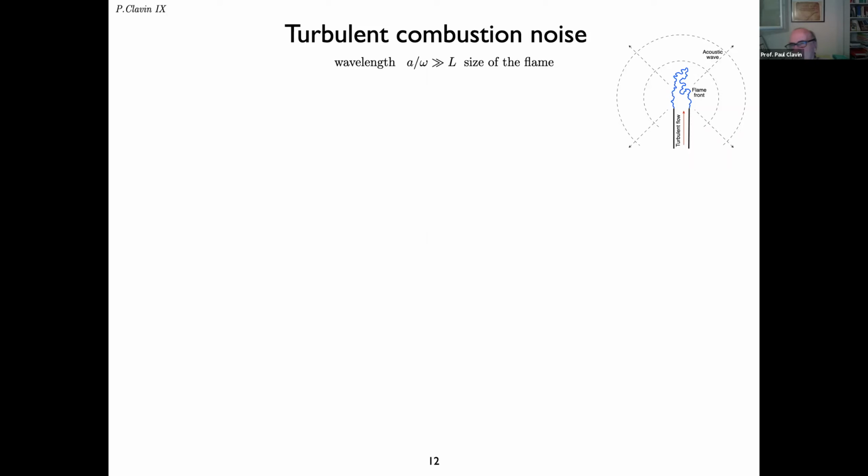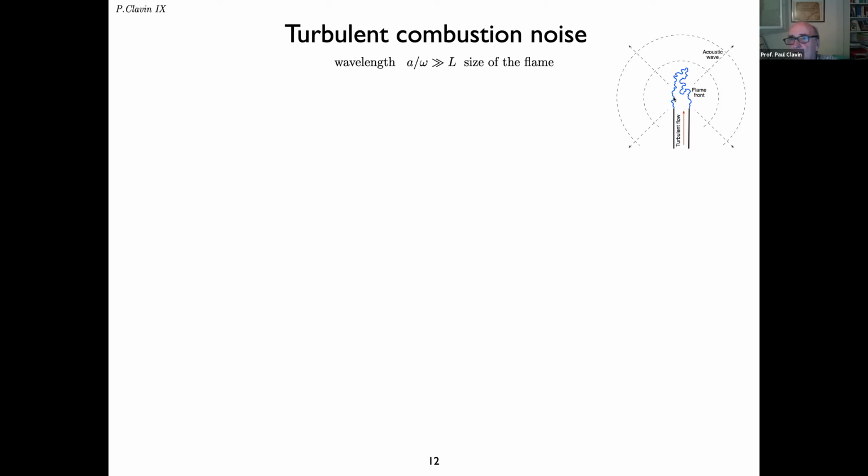Assume that this turbulent flame is in the corrugated regime that I have just discussed. And consider the size L of the flame such that it is smaller than the acoustic wavelength.